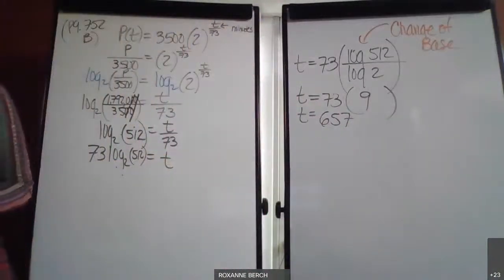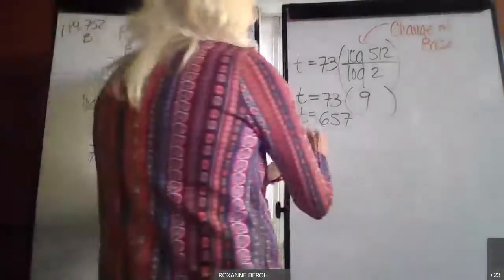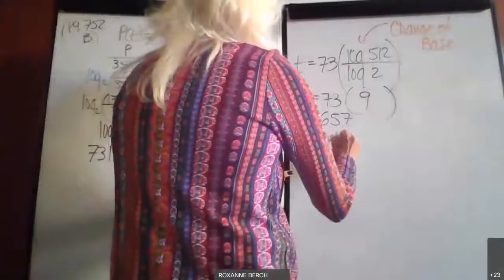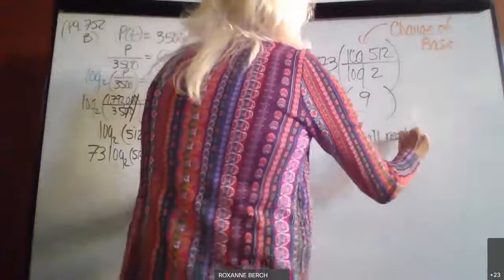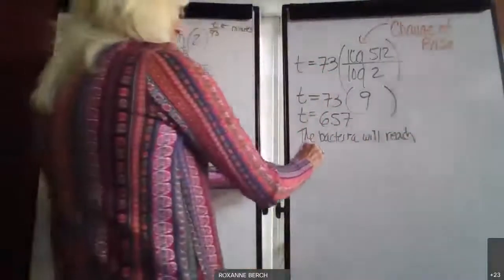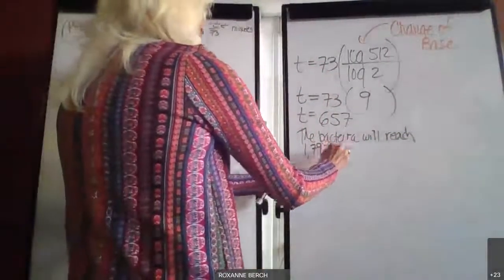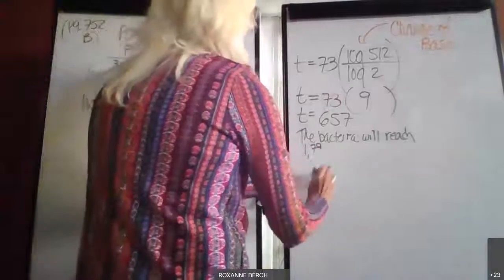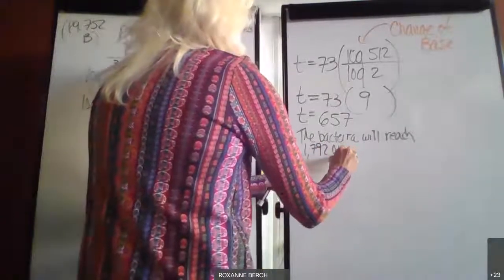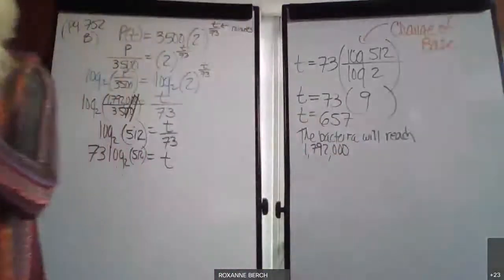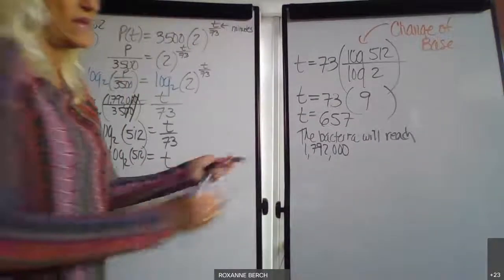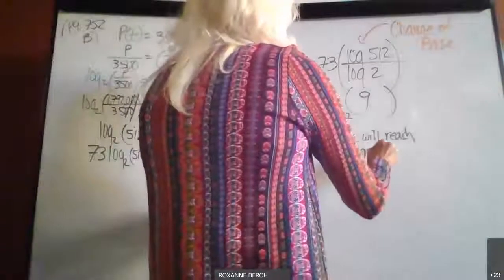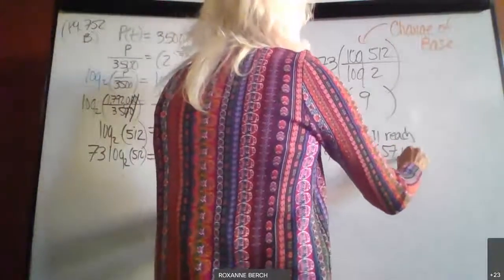657. Right. So the bacteria will reach 1,792,000 in 657 minutes.